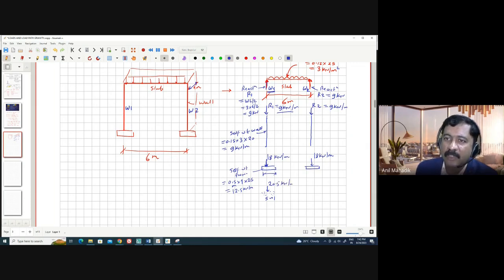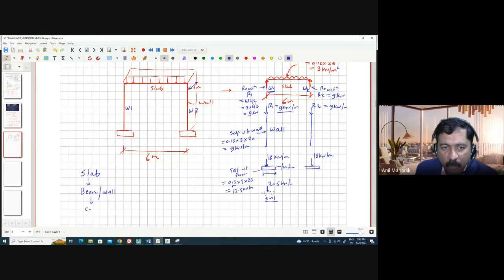So this is called the load path: slab to wall, wall to footing, and footing to the soil. This is the overall load path. Generally in an RCC structure or any structure, the load transfers from slab to the beams, if there are beams. If there are walls, it will transfer to the walls.